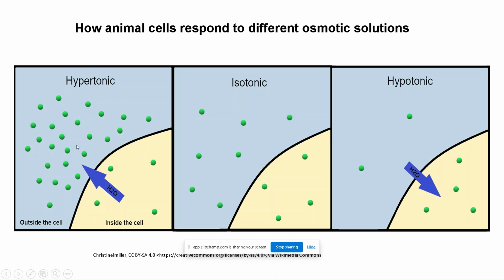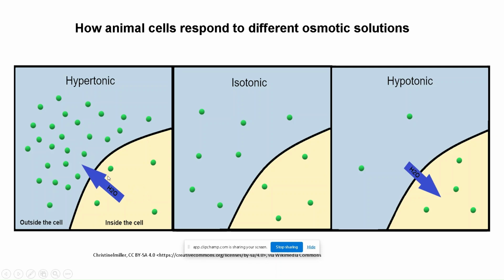Now, why does this happen? The reason is basically when you place solutes in water, you are reducing the kinetic energy of water molecules, hence they are not going to move as well as pure water. In such cases, the water moves from higher water potential, that is inside of the cell, to lower water potential, outside the cell.